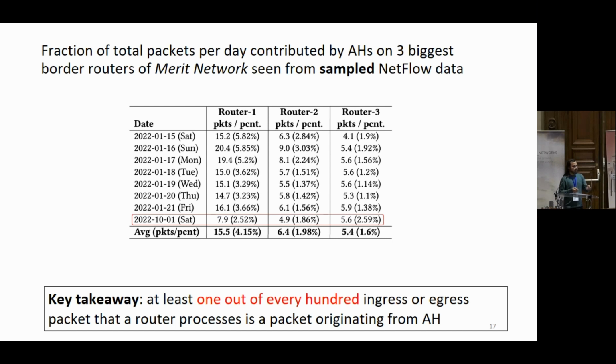And this key takeaway is supported by the fact that all the percentages in our table are at least 1% or more. As an example, let's look at the highlighted row, which shows the fraction of aggressive hitter packets on October 1st, 2022. The three routers process 2.52, 1.86, and 2.59 percent of packets respectively from aggressive hitters.